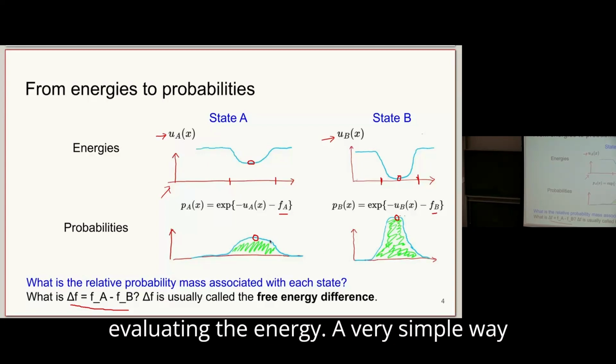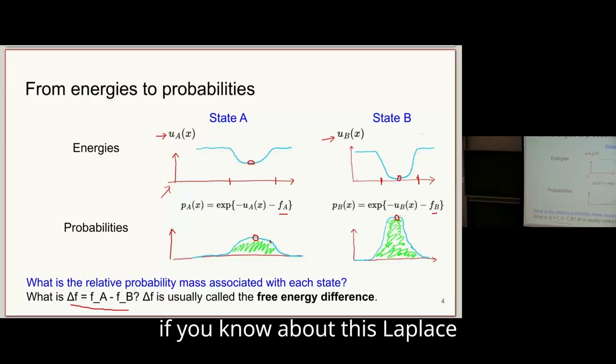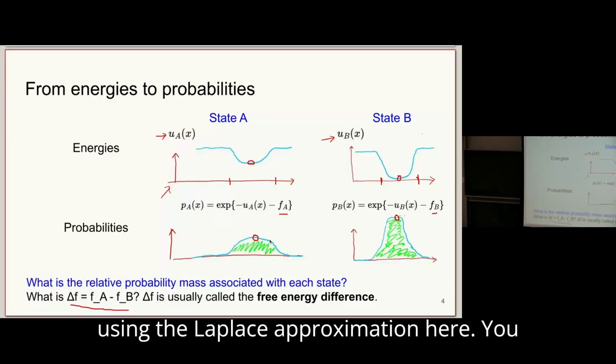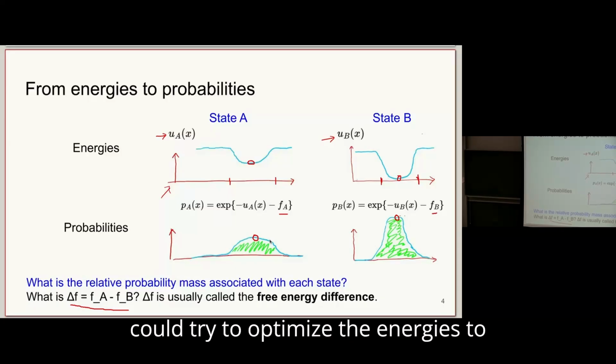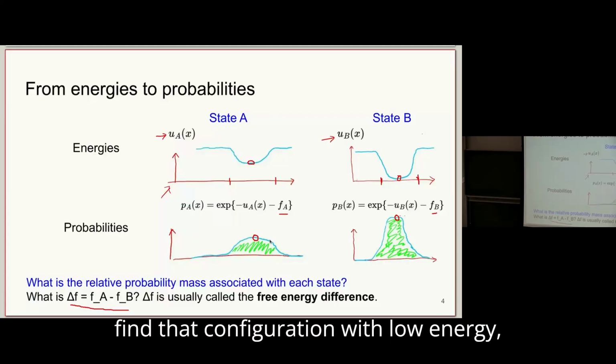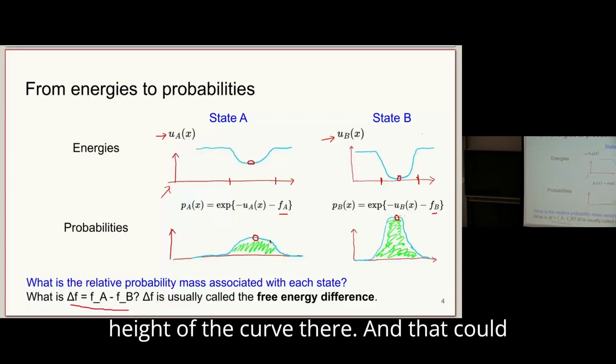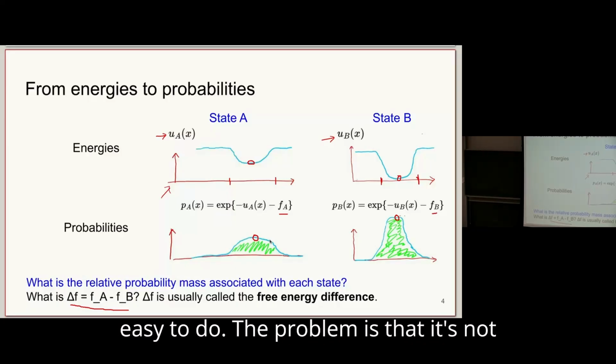A very simple way to try to approximate this, I don't know if you know about the Laplace approximation. So you could think about using the Laplace approximation here. You could try to optimize the energies to find a configuration with low energy, and then use the curvature and just the height of the curve there. And that could be something very cheap and very easy to do. The problem is that it's not accurate.